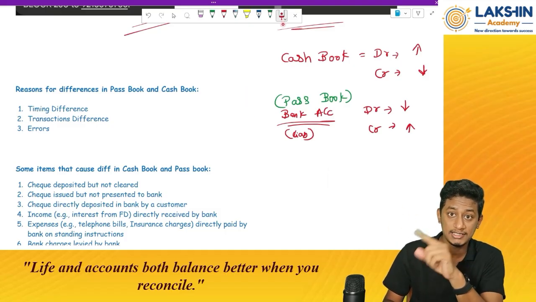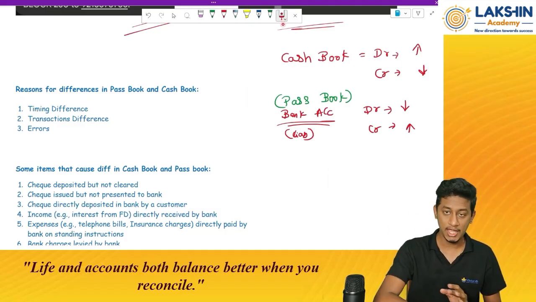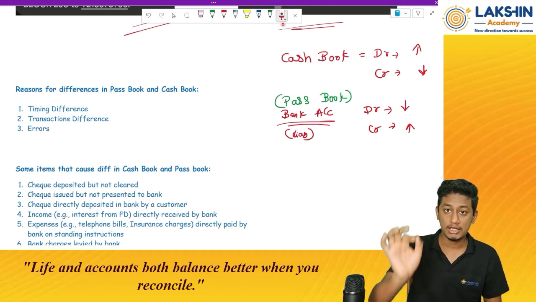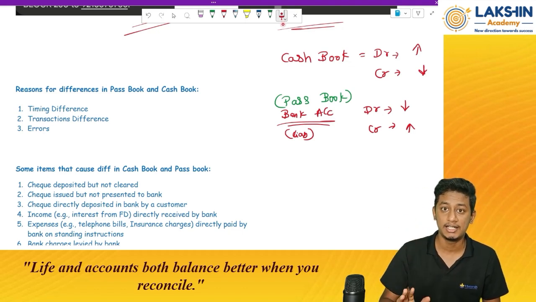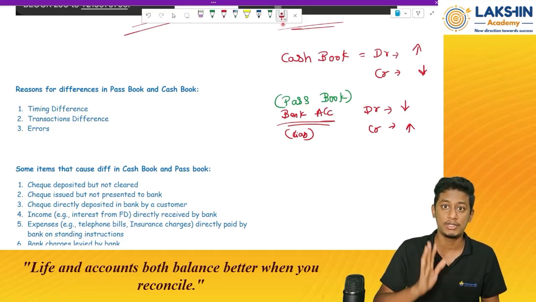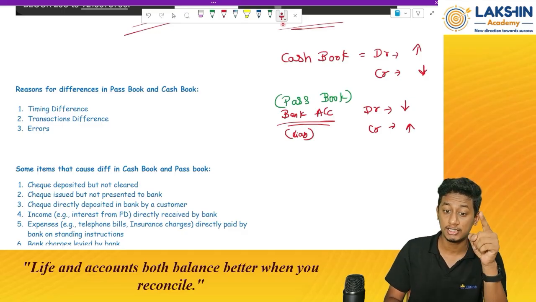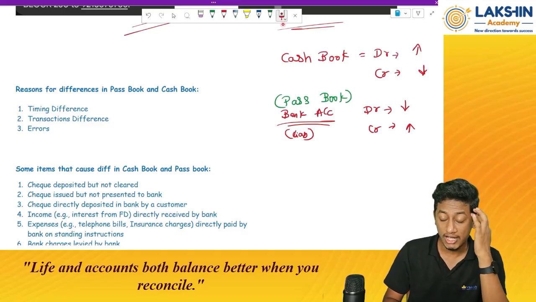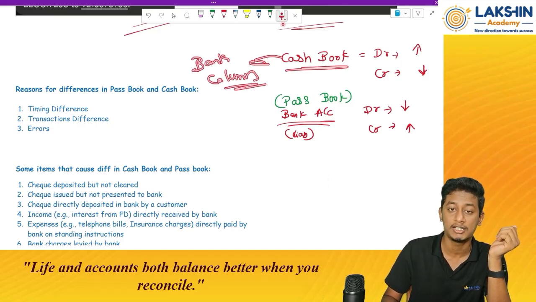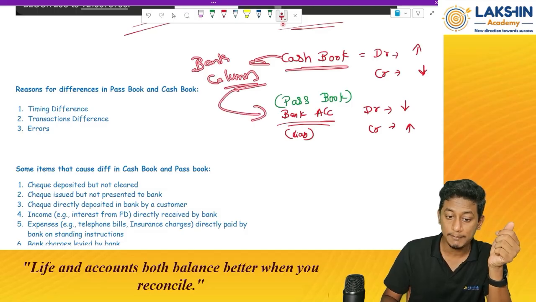Me being a business, I should have a note of every transaction that is done in the bank account. All the transactions should be there in my business books of account. So I maintain a cash book which has a bank amount column in it. The same should match with the passbook generally.